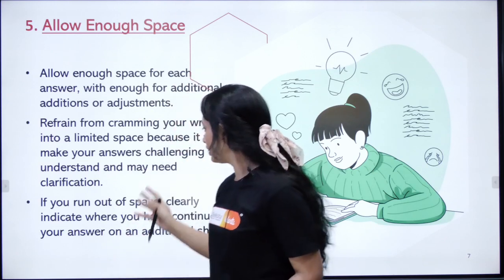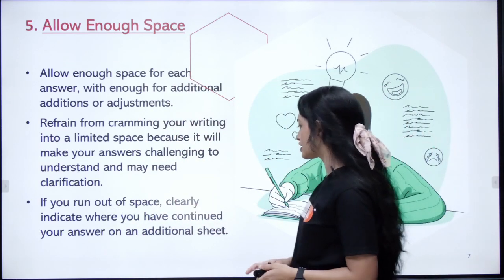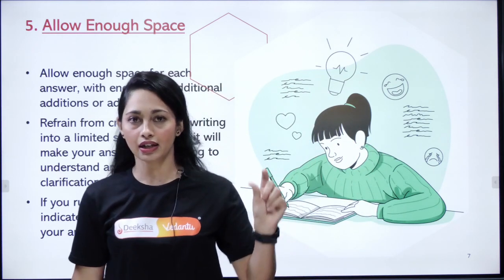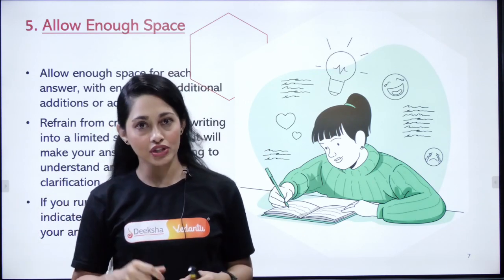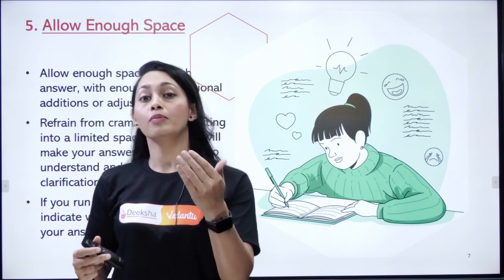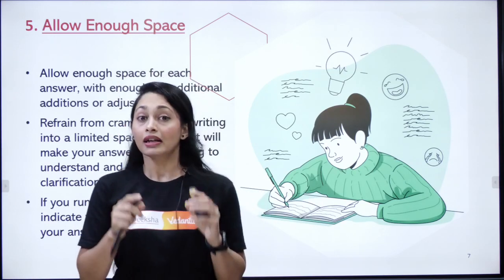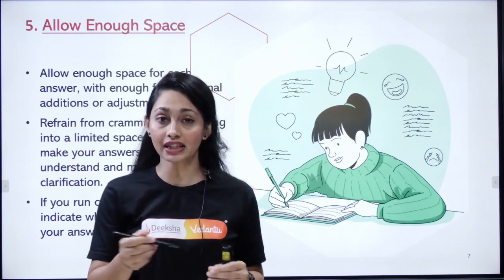And if you run out of space, clearly indicate where you have continued your answer on an additional sheet. Okay, so you have written an answer on the 2nd page, and the space was not enough, and you wanted to add more information, more points in there. Then if there is no space, you have to make sure to write that.